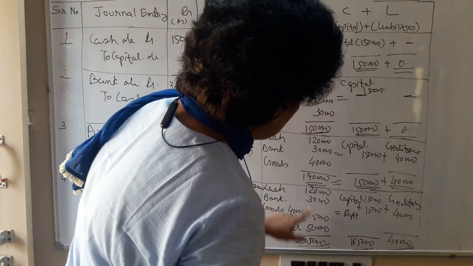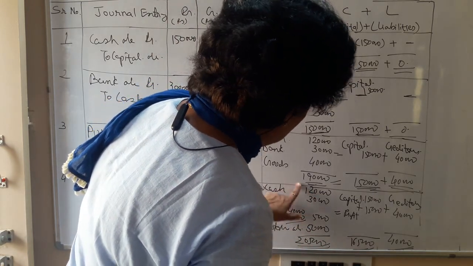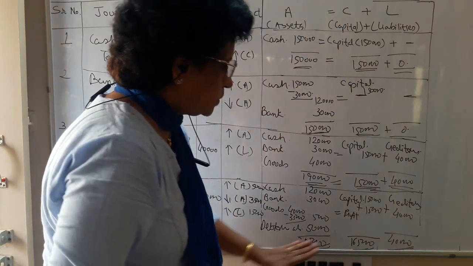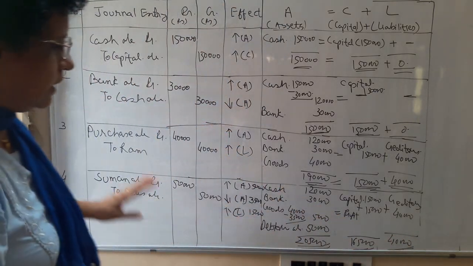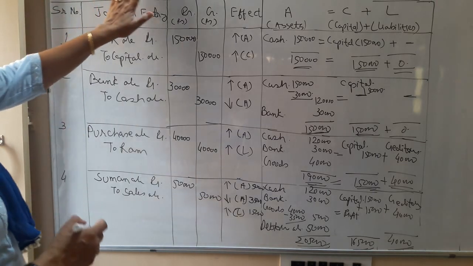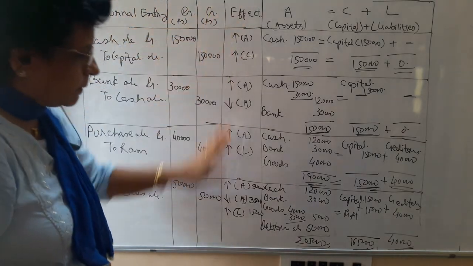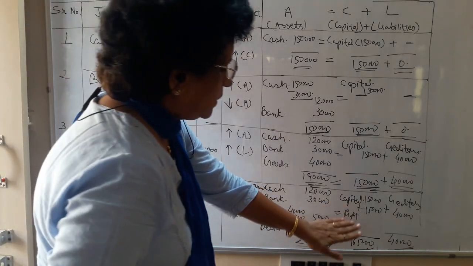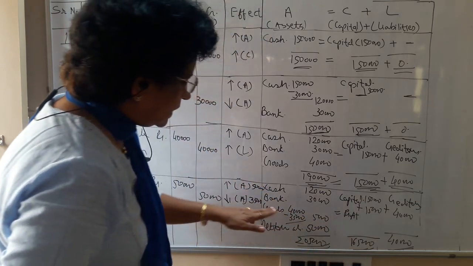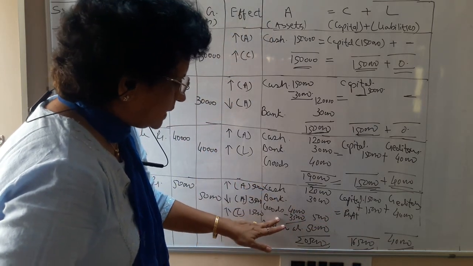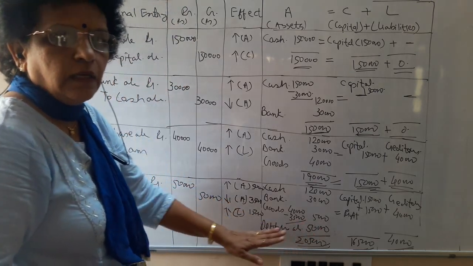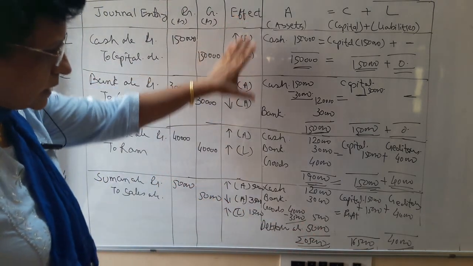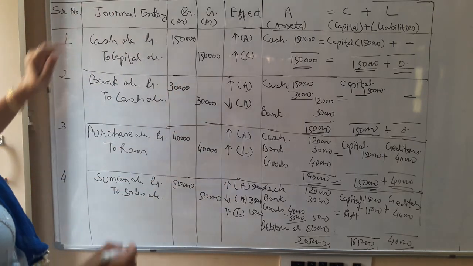Let us see, this is 5 and 5 is 10, 0, and so on, equal to 2,05,000, 2,05,000. So in this manner, when you are selling the goods with profit, the portion of profit is added to the capital, and here goods decrease by the sale and debtor increases as an asset. So like this the accounting equation is to be done.